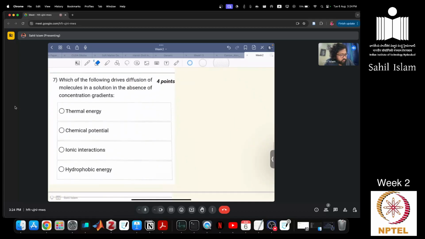Which of the following drives the diffusion of molecules in solution in the absence of a concentration gradient? This is a very nice question. So what is the diffusion of molecules?